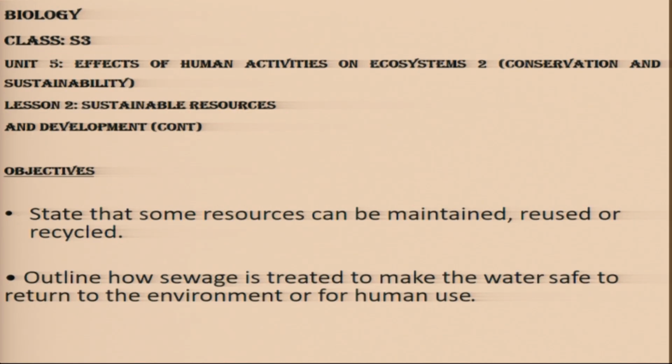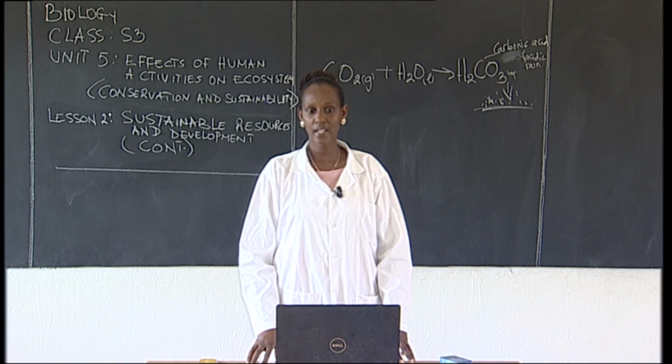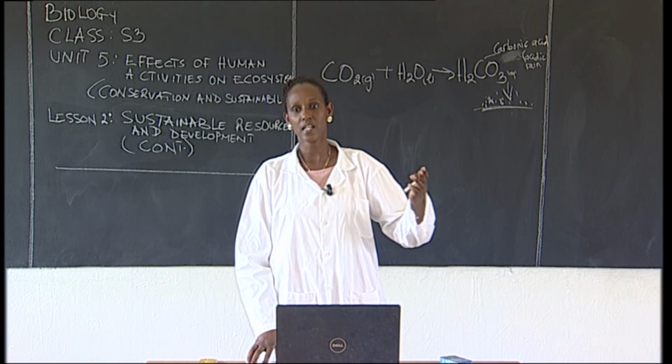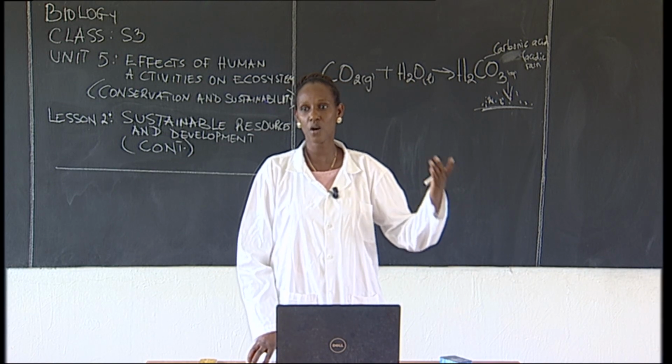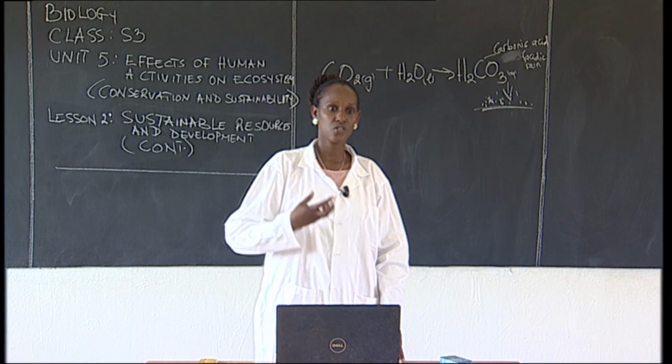We have papers, plastics, glasses. We have all of those that we mentioned. So you can also tell the processes of treating water. You can outline how sewage treatment is made to get safe water. One, we said you have biological, chemical, and physical processes. And you can try to describe them.